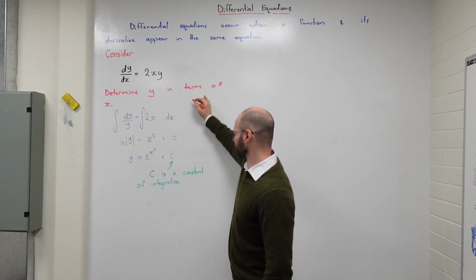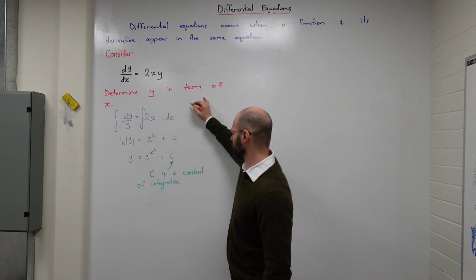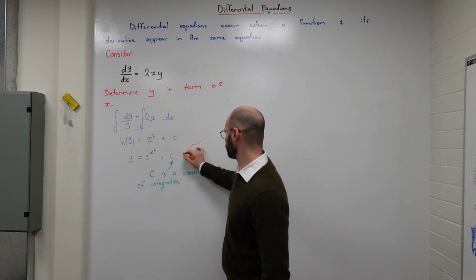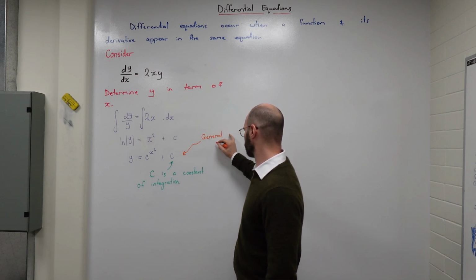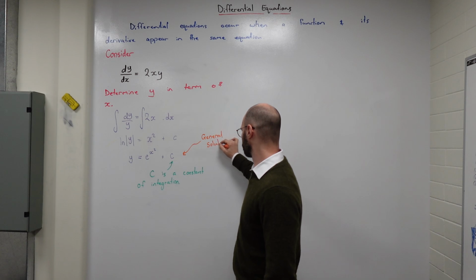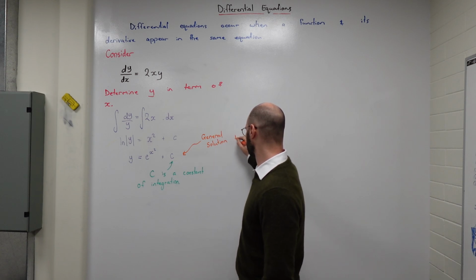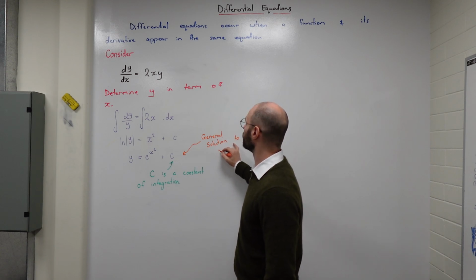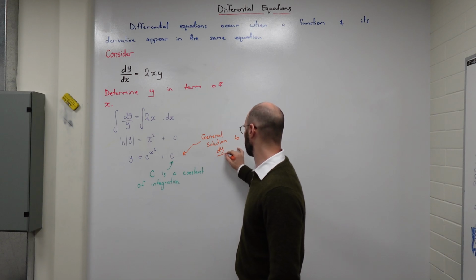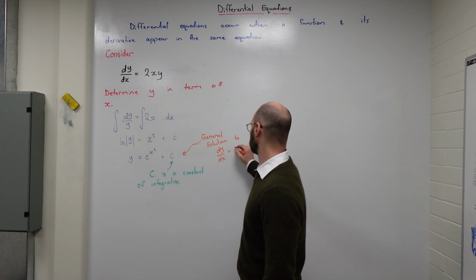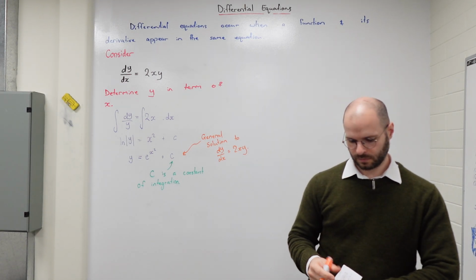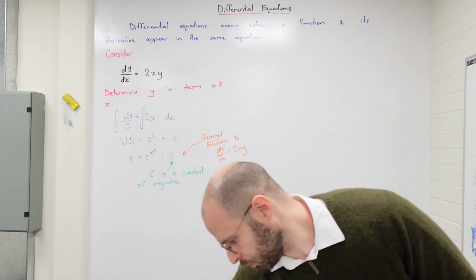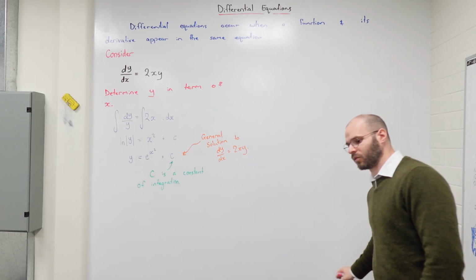This we call a general solution to dy over dx equals 2xy. Seem cool? That's pretty straightforward, nothing that we haven't seen before.